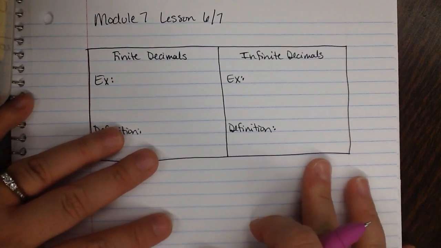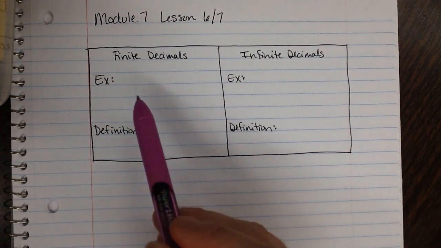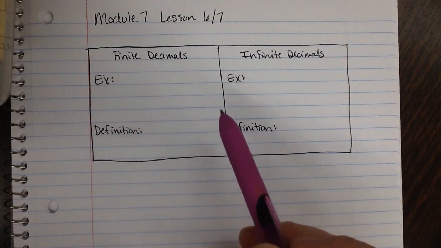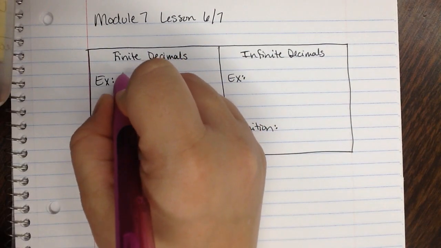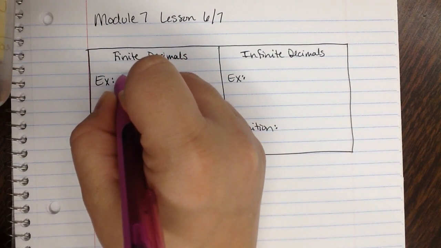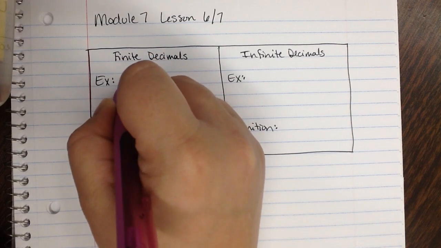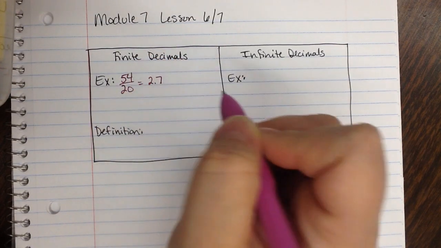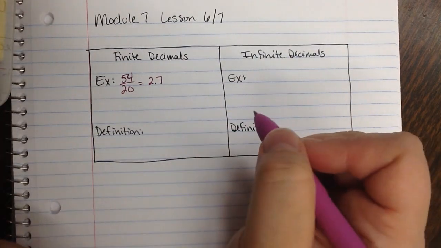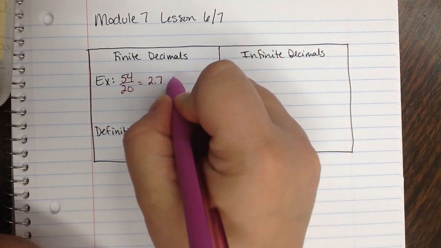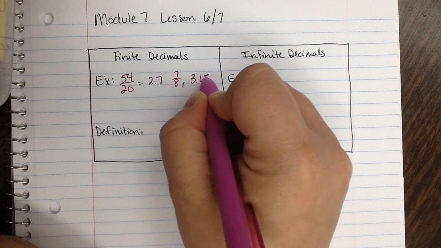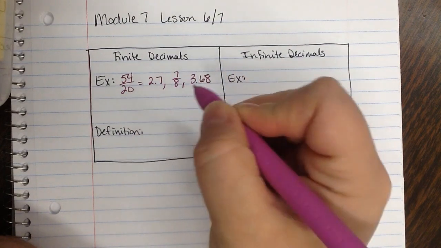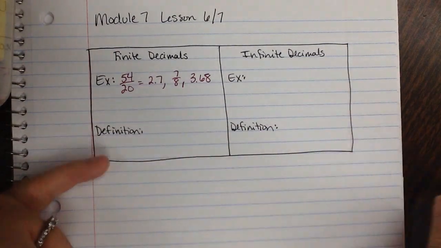And that's called something special in the math world, and I want you to create this chart and write this down, okay? Finite decimals are like A and B. They end, okay? So you could say 54 over 20, which is 2.7. You could say 7/8 or 3.68. Any number that has a final ending point is what this would be.